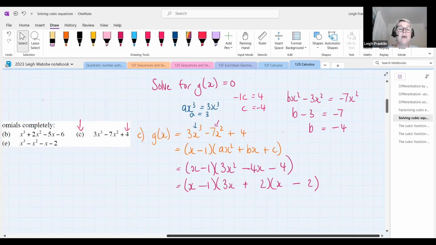All right, so I'm going to move back over to the side so that we can see those other questions and give you a chance to practice this. If you want to use synthetic division, you're more than welcome.